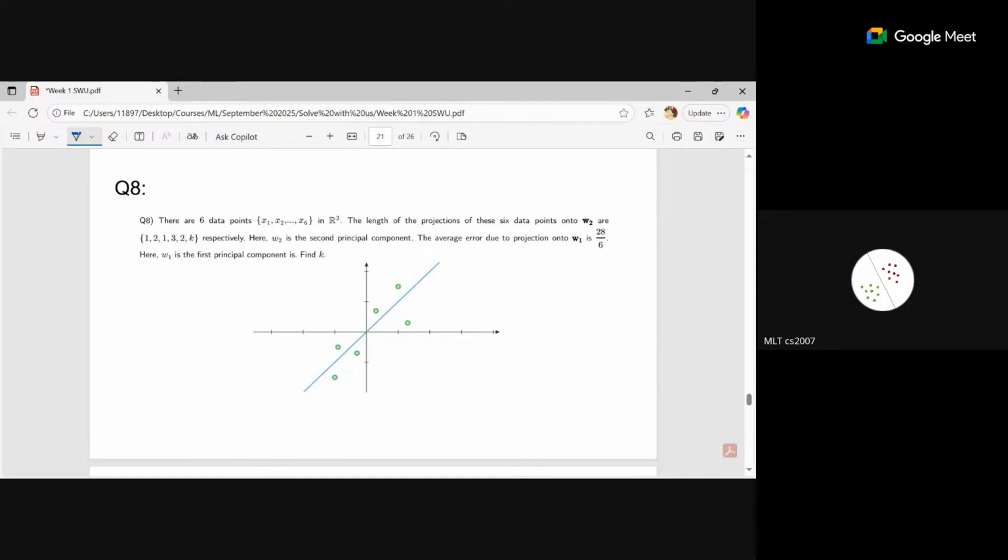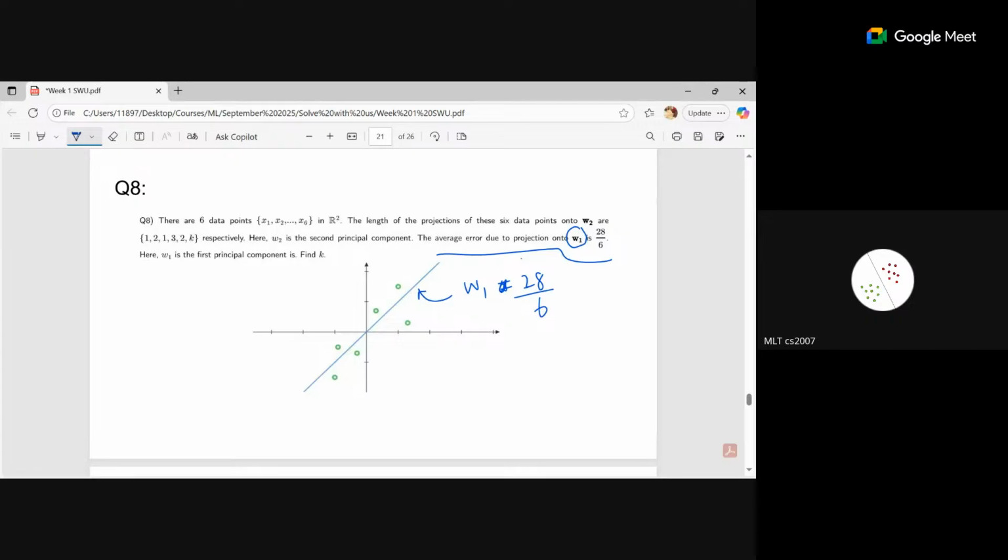The average error due to projection onto W1 is 28 by 6. Okay, and W1 is the first principal component.